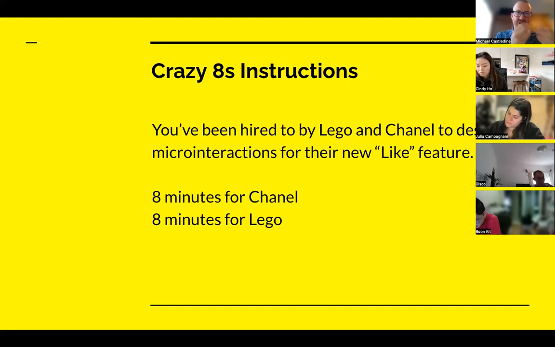You can sketch it out if you have time, or it could be just a word. It could be fade, jump, and it's abstract, right? So there are no rules to Crazy Eights. You're putting your ideas down, gathering your ideas of what that could look like, but you're starting to work towards a bit of a storyboard.